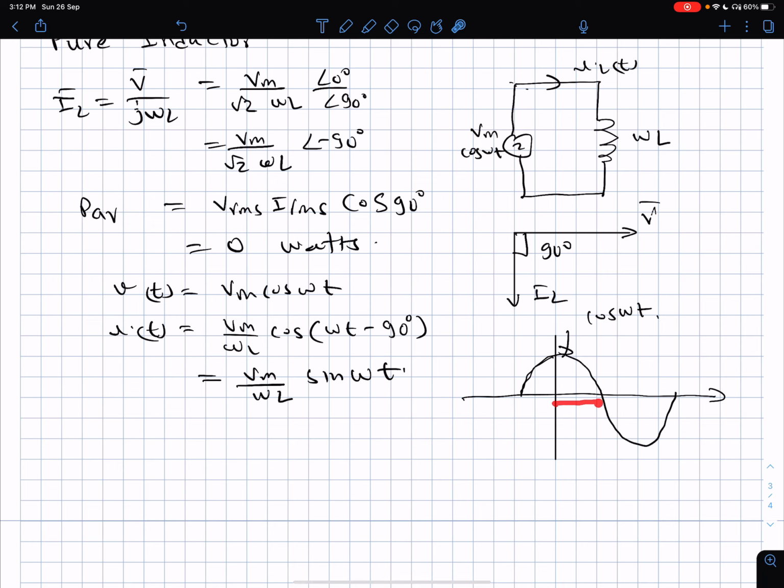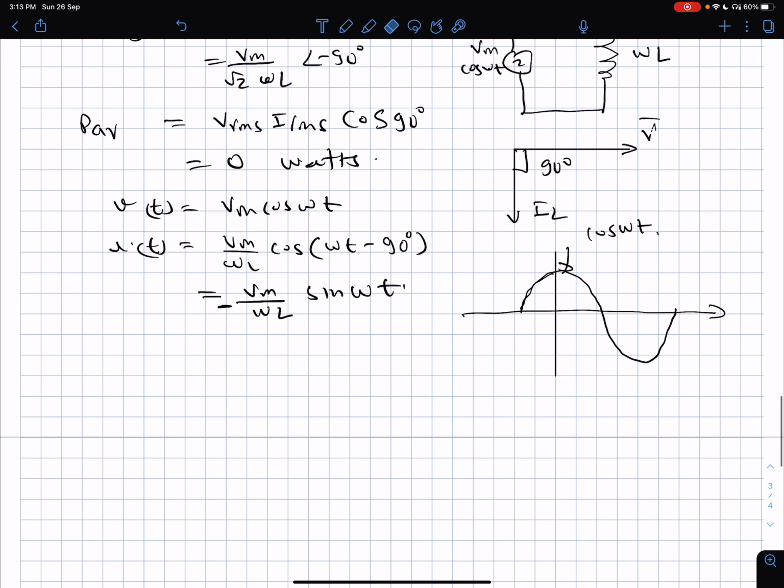So go in the right hand direction by 90 degrees and then look at your waveform as if the t equal to 0 axis was centered here, and you would get minus of sine of omega t. So therefore this will become minus of Vm by omega L sine of omega t.